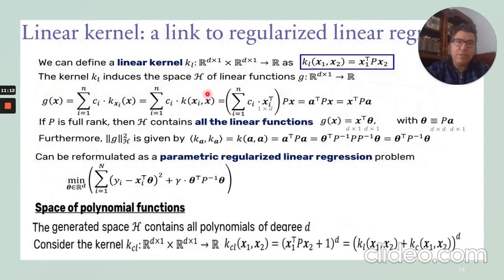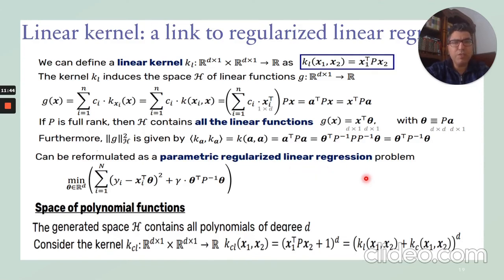So another kernel here, linear. This is the way we can write the linear kernel, and this P is just a matrix that's positive semi-definite, and if this P is full rank, then we can generate linear functions from this kernel, and if we do that, then we can see that the estimation problem is going to become this way, and this is the same as we did for regularized linear regression.